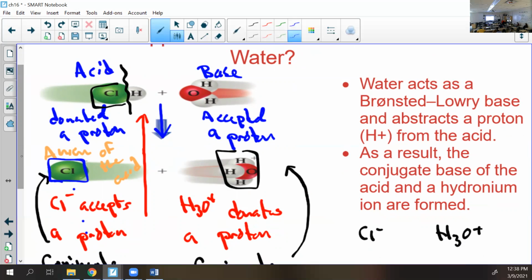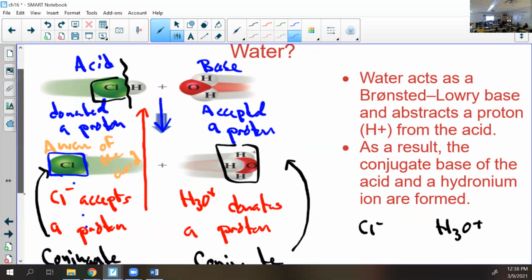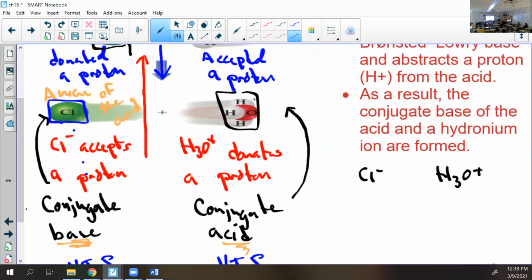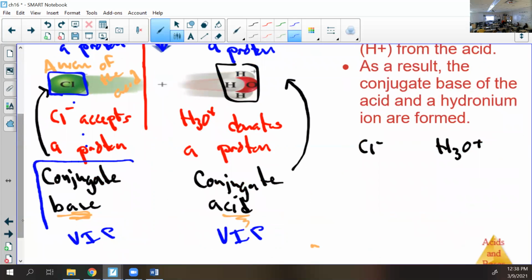If we reverse the reaction and look at the conjugates, Cl minus, in the other direction, would accept it. That's why we'd say Cl minus is the conjugate base, because in reverse, it would accept the H plus, and that's what bases do. Then in the reverse, H3O would give away its H plus, and that's what acids do. So we would say it is the conjugate.